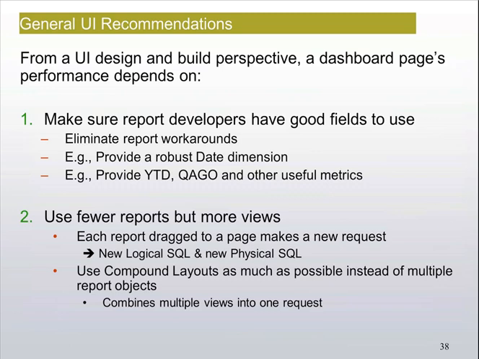If they don't, they're going to have to do potentially horrible report workarounds, maybe with unions, maybe with substantial case statements. So provide things like a robust date dimension so they can slice and dice and do math on their dates much more simply. Provide metrics such as year to date and quarter ago and other kinds of things. Pre-build these things for them, so it's much easier for them and they don't have to do a lot of report logic.